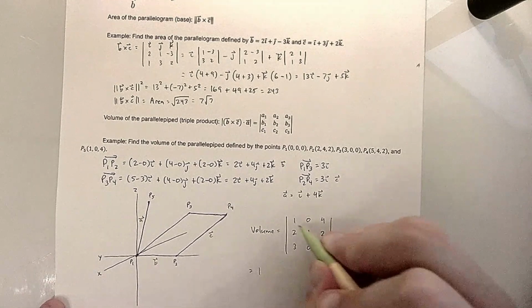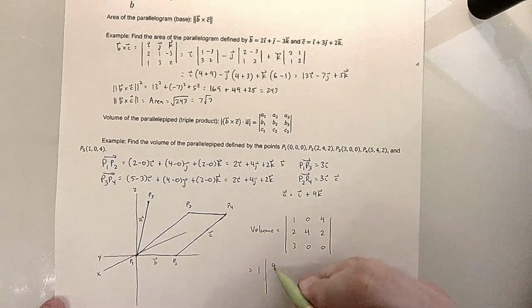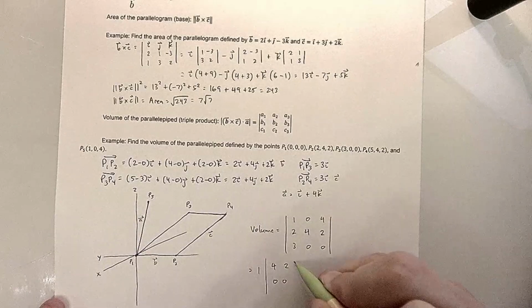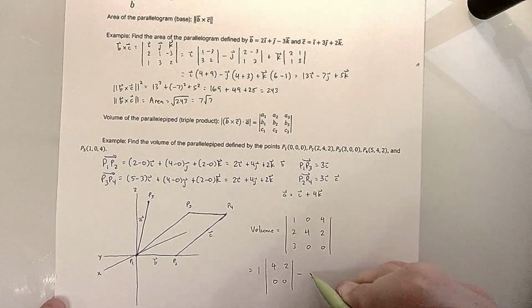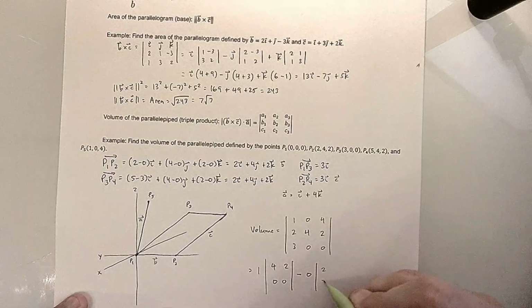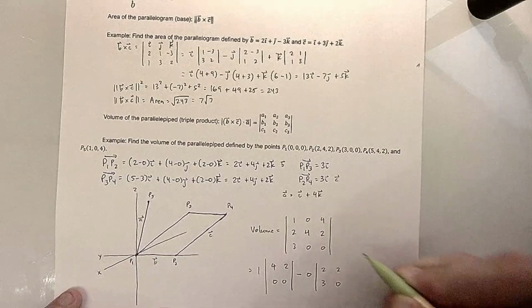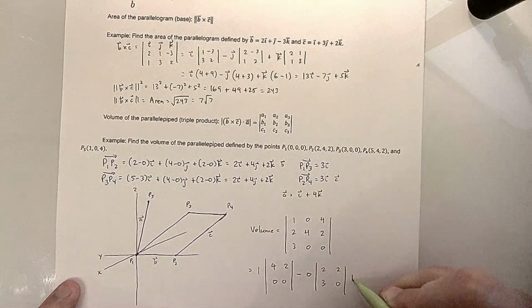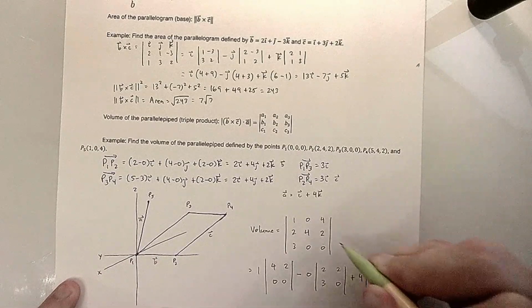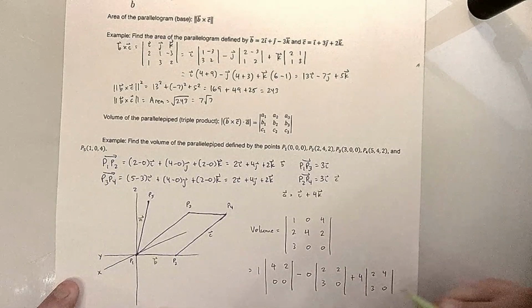So our first cofactor being 1, we have 4, 2, 0, 0, minus, well, that's going to be 0 anyway, but let's fill this out. We have 2, 3, 2, and 0, plus 4 times 2, 4, 3, and 0.